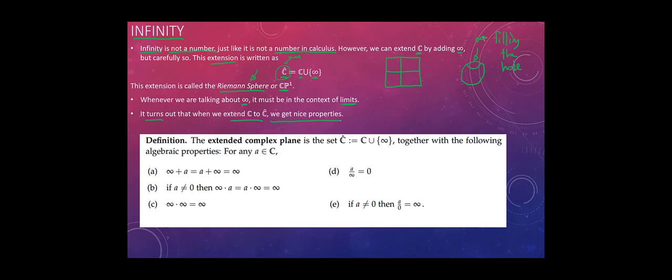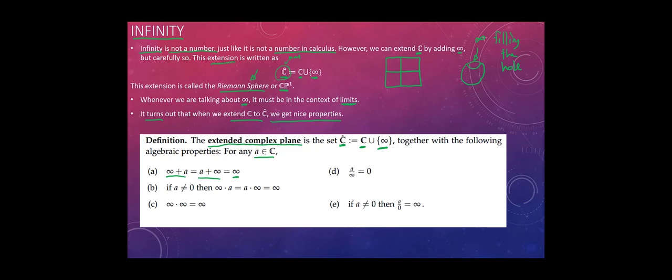So in any case, definition. The extended complex plane, C hat, is just taking C and adding infinity like we just discussed. For any complex number A, we have the following. We're in C hat here. If you ever take a complex number and add infinity to it, you always get infinity.